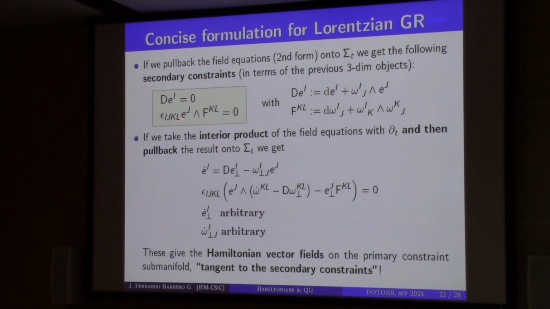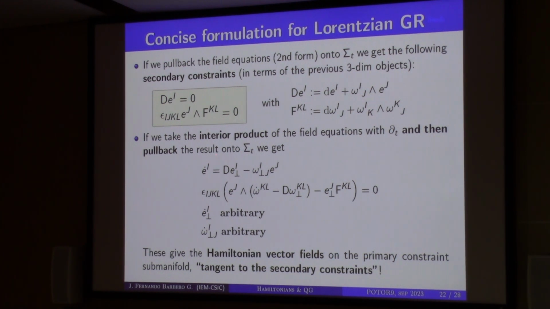So these involve these three-dimensional objects which are still labeled with these indices going from 0 to 3, okay? So I get these constraints, which are exactly what I get if I'm clever enough by using the Gotay-Nester-Hinds method. And then if I do the other thing, I first take the equations, I compute the interior product with this vector field, and then pull back onto the sheets of the foliation. I get these equations, which are actually evolution equations.